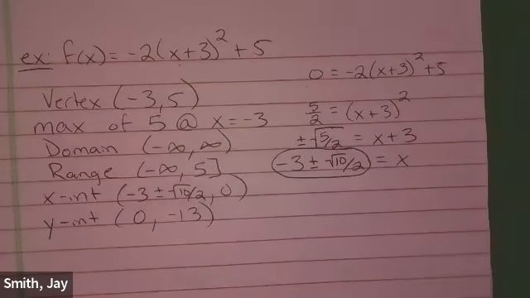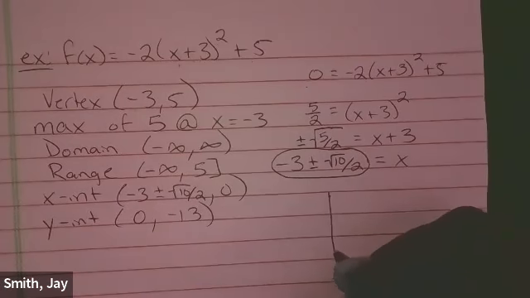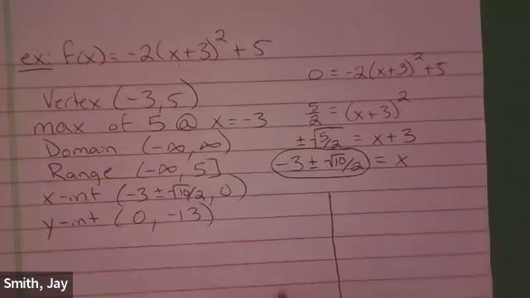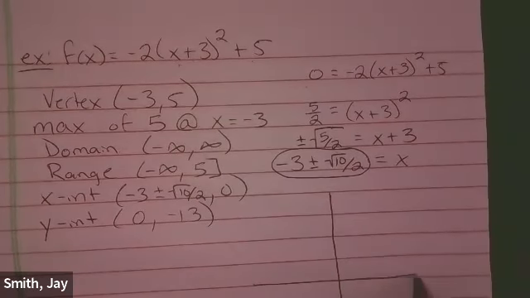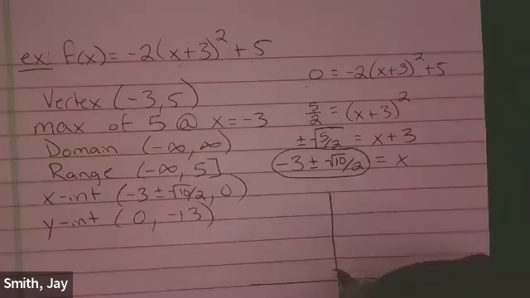All right, but we have everything we need to get a good sketch of our graph. I'll put it down here. So we know our vertex is at the ordered pair negative 3, 5.